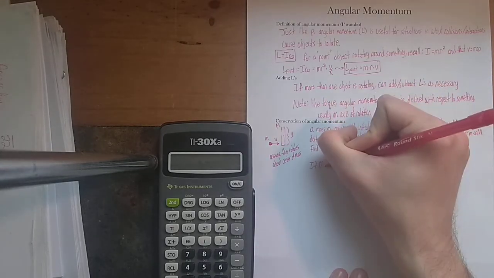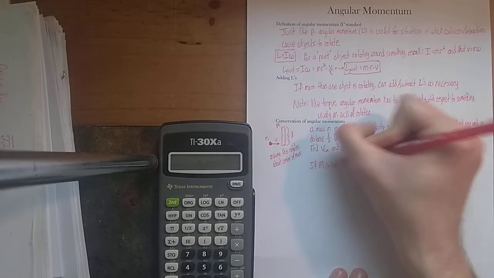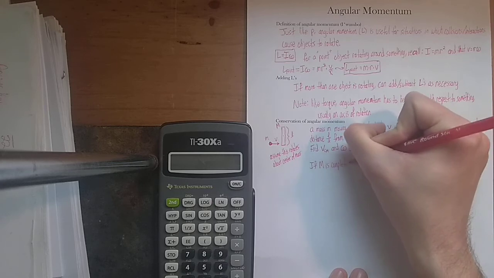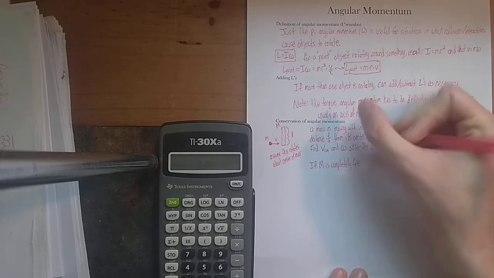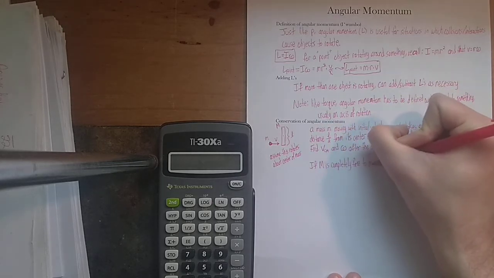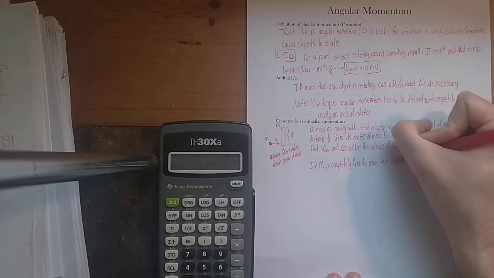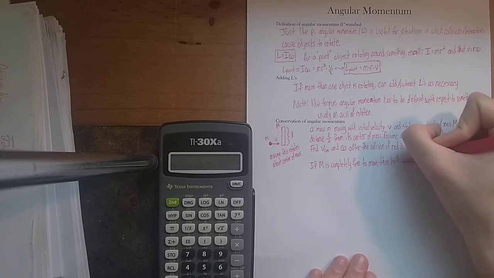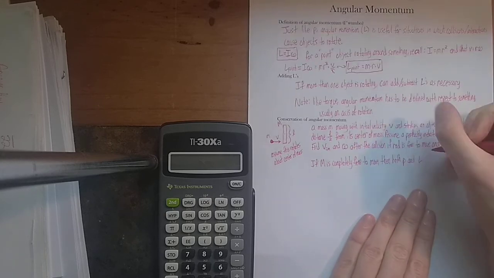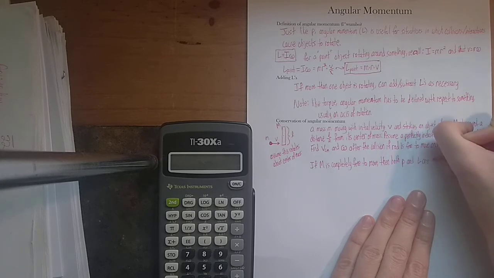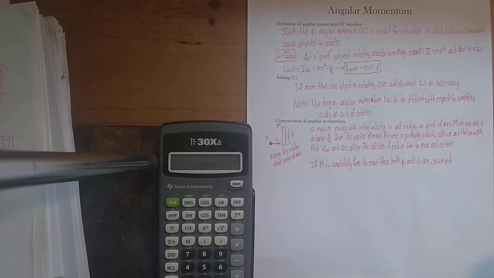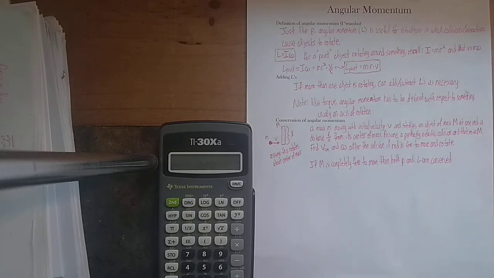So, if M is completely free to move, then both linear momentum and angular momentum are conserved, which means they're the same both before and after.